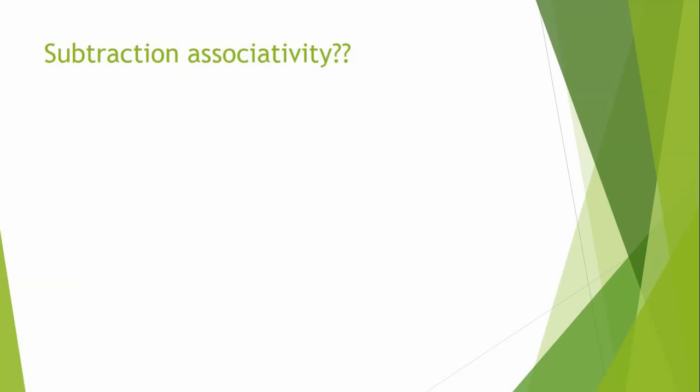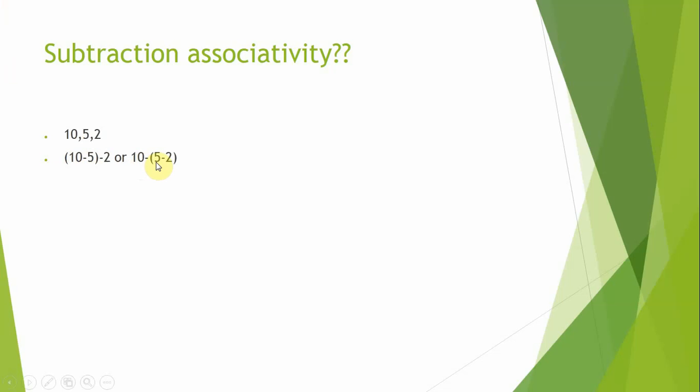Let's talk about subtraction and associativity. Let's see if the associative property holds true for subtraction. We use the same 3 numbers again, and we try to subtract 5 from 10 and subtract 2 from the whole thing.